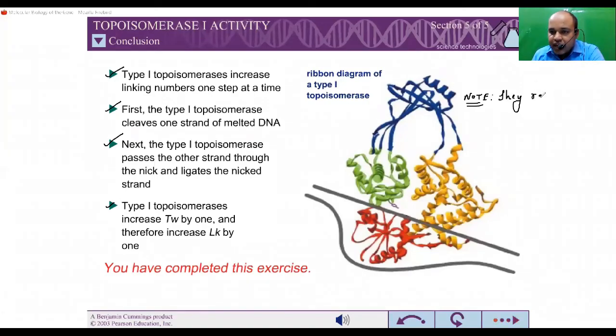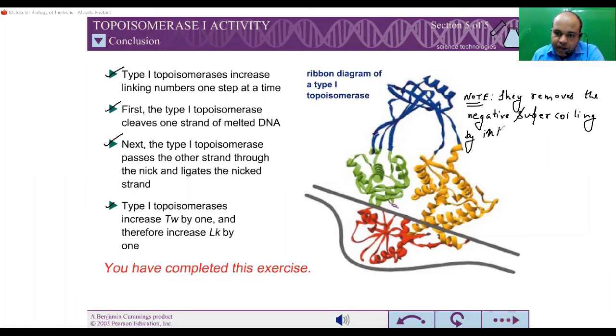They remove the negative supercoiling by introducing positive supercoiling, by introducing an increase in linking number.